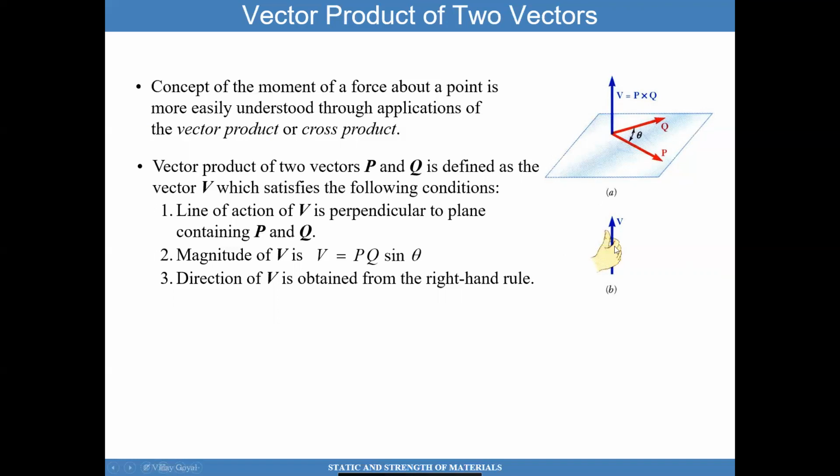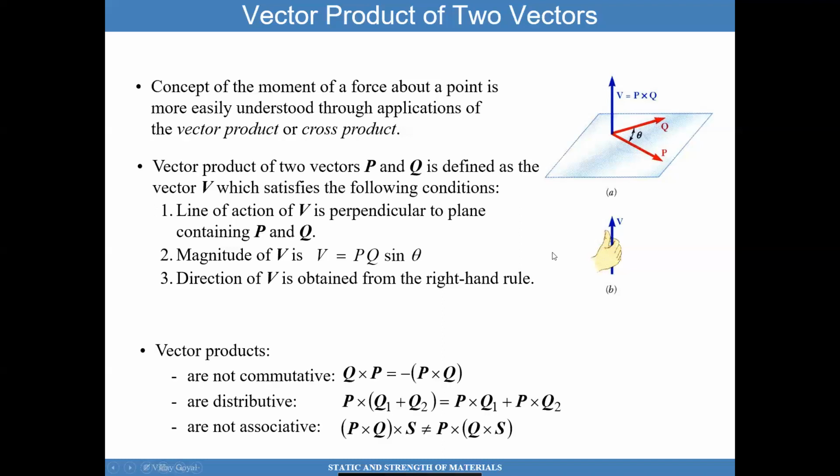For example, here you can use your hand with a thumb. So if I put my hand on P and rotate it to get to Q, the thumb will point upwards. As a consequence, we know which way the vector is applied. The vector products are not commutative, meaning if I do Q cross P, I'll get the negative of P cross Q. You can see that very clearly.